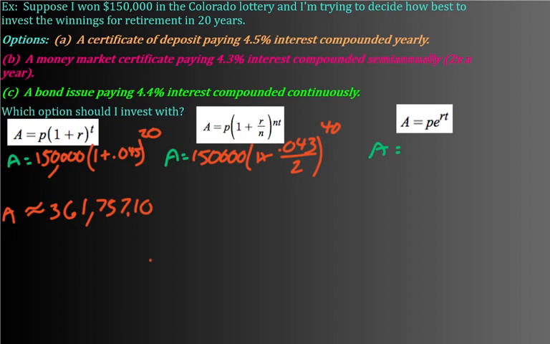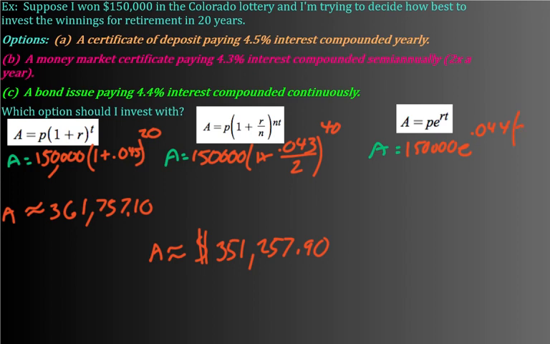If I do that one out, you're going to get about 351,257.90.